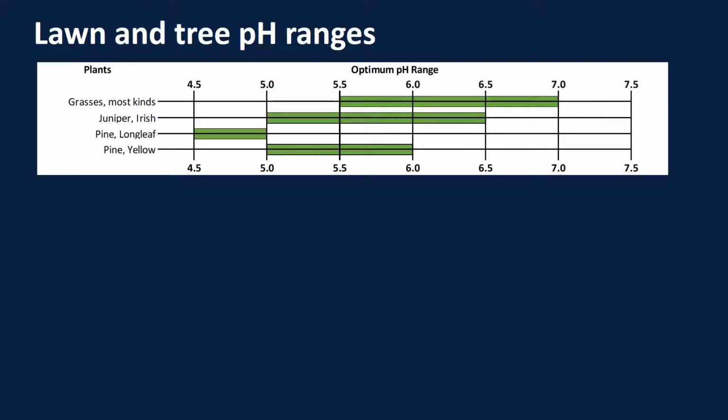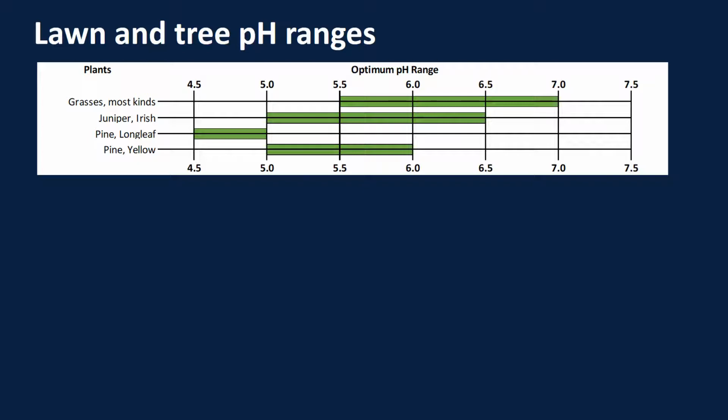And here if we move on to our lawn and tree pH ranges, we see that our grasses, that 5.5 to 7 range, so a very wide range of pH. And then our junipers, pines tend to be a little bit lower pH. They like that. And forest soils tend to be lower pH, which is why pine trees tend to like that lower pH as well.